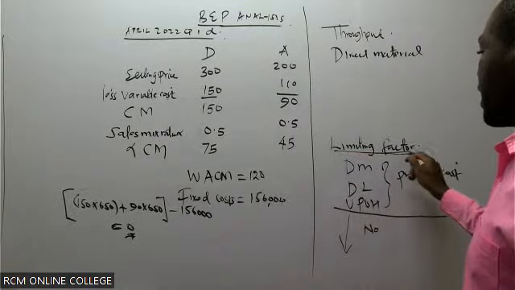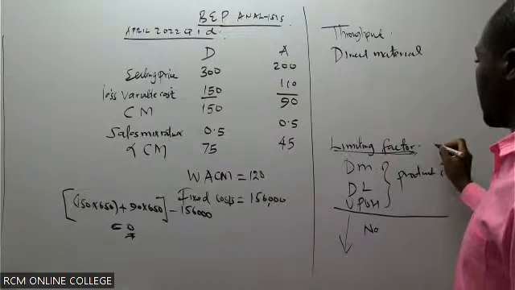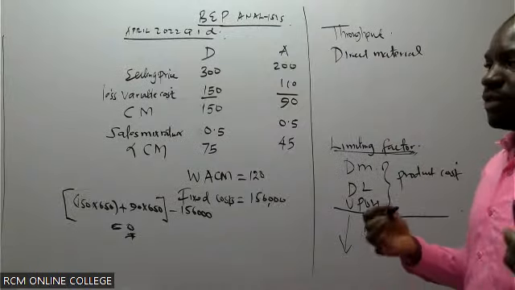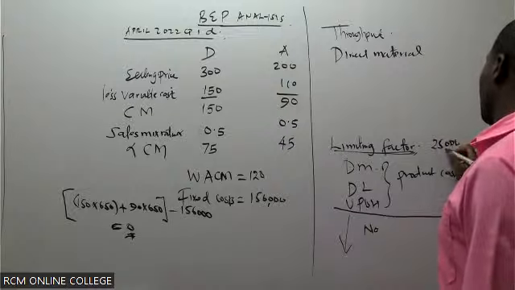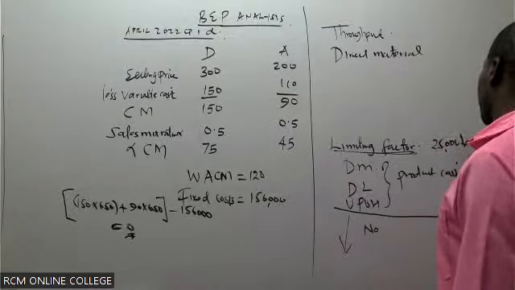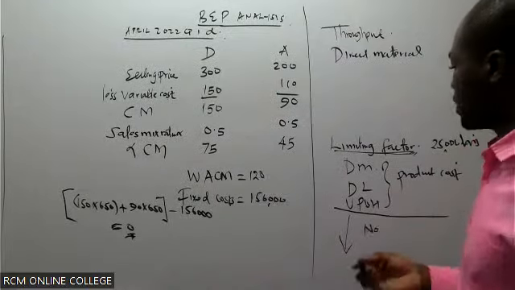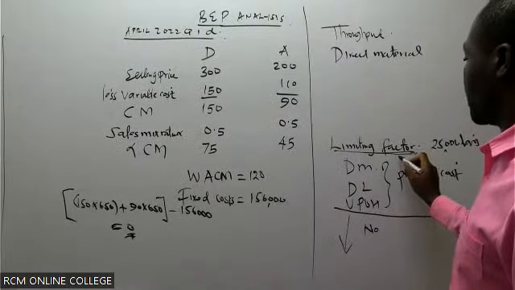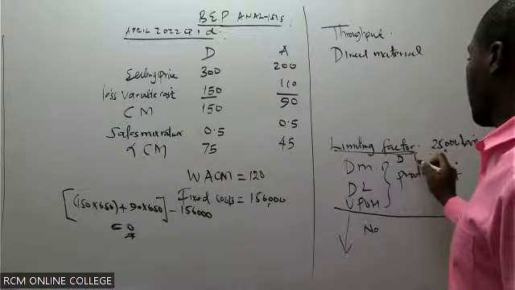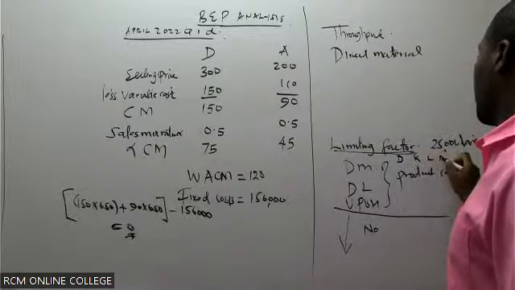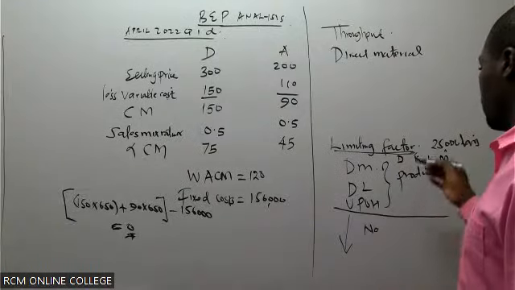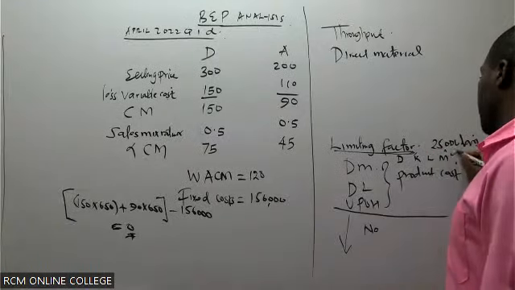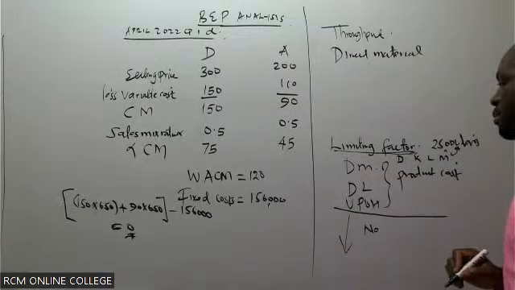The limiting factor here, let's say you have been told that the company, based on the demand of this particular product, requires 25,000 labor hours for them to be able to produce product T or product D, K, L, M. So these are 4 products they're supposed to produce, and for them to meet the market demand, they need 25,000 labor hours.